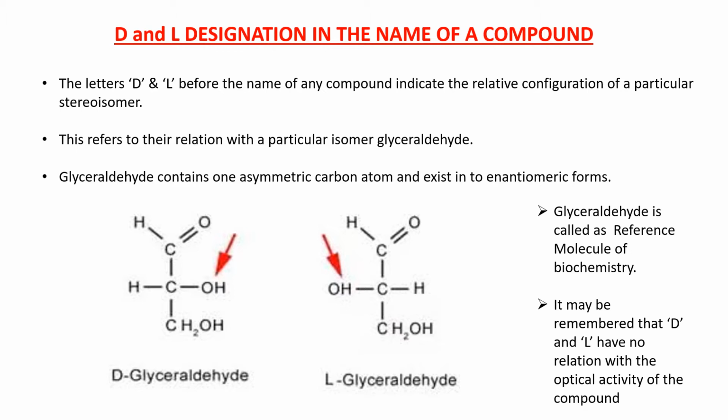The word relative means comparison. So, when we assign D and L configuration to a compound, we compare the configuration of that compound with a fixed other compound, and that other compound is glyceraldehyde.